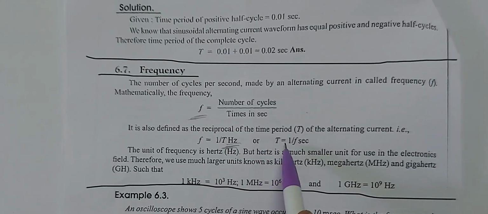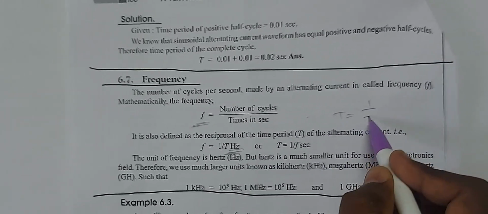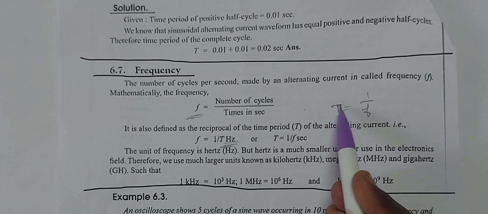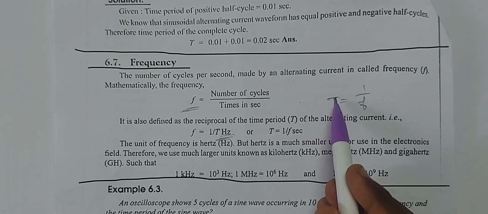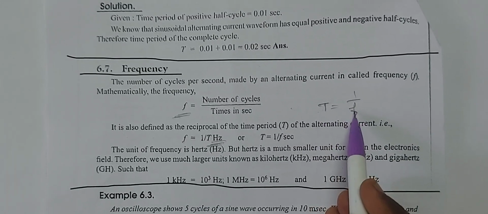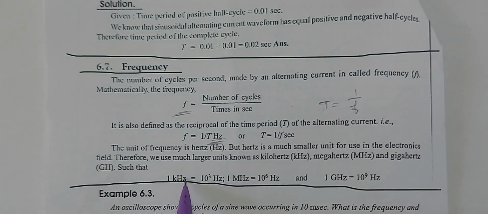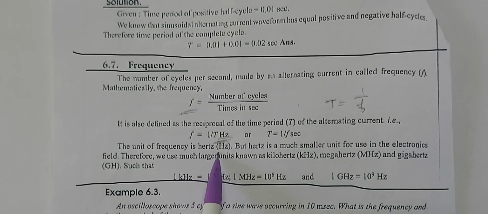We can also calculate the time period by finding T equal to 1 by f. If you know the frequency, we can find the time period. Already we have discussed what the time period is. So from the frequency, 1 divided by f gives the time period. The unit of frequency is hertz, denoted by Hz.